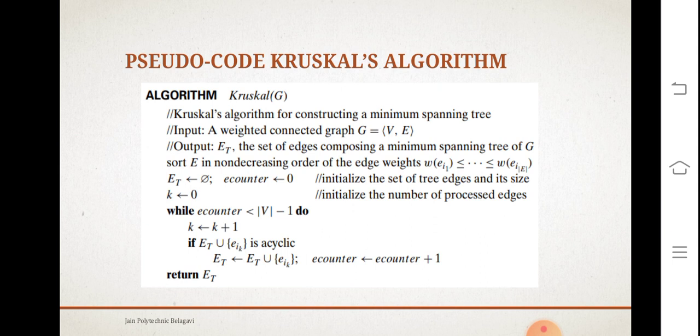The output we get is the set of edges composing a minimum spanning tree of G, and we store it in ET.